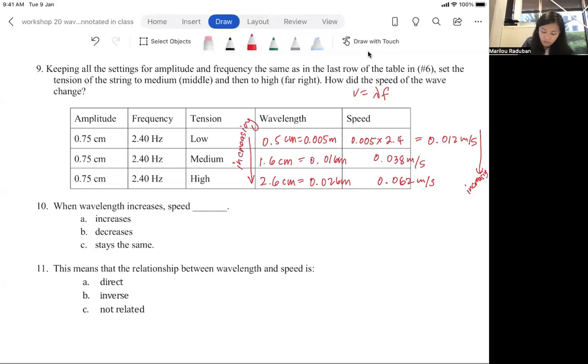So when the wavelength increases, the speed should also increase. If one increases when the other increases, that's a direct relationship. You can also see that from the equation, speed is equal to wavelength times the frequency, so they are directly proportional in the equation.